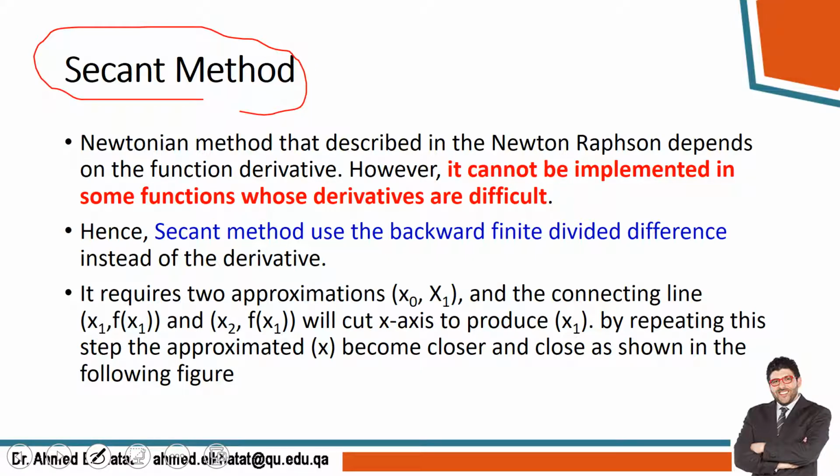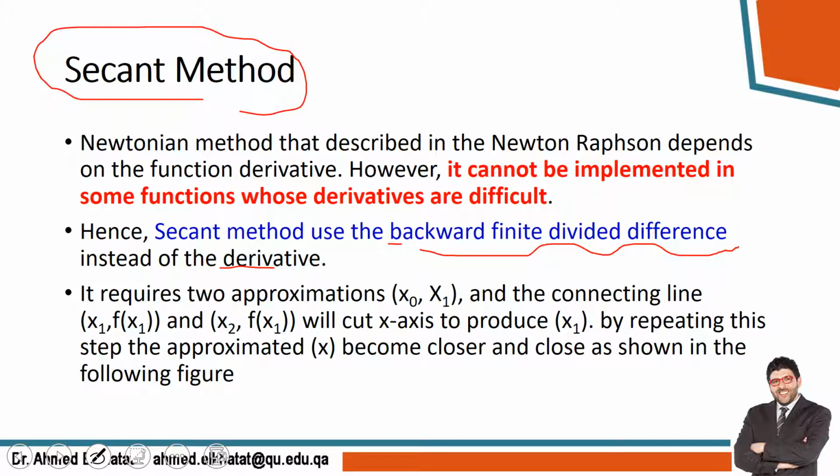So, in the secant method, it uses the backward finite divided difference between two x values instead of the derivative itself. As you know, it means it uses the slope.